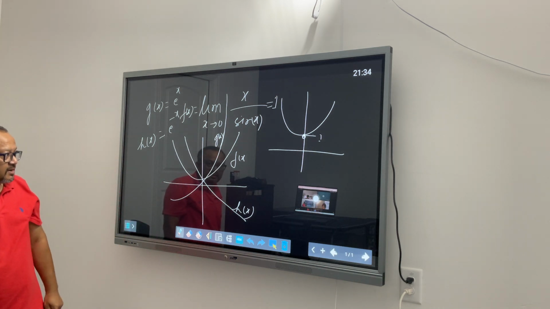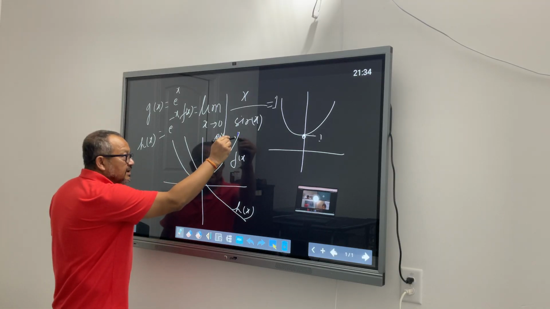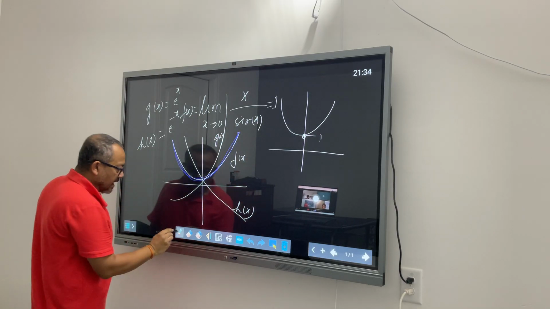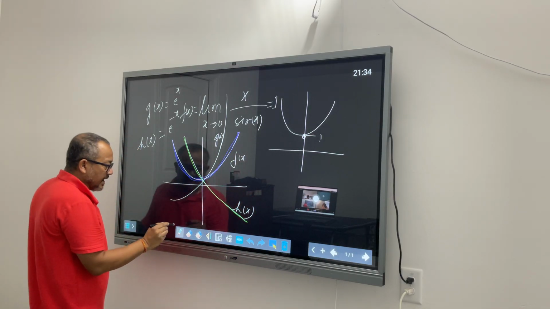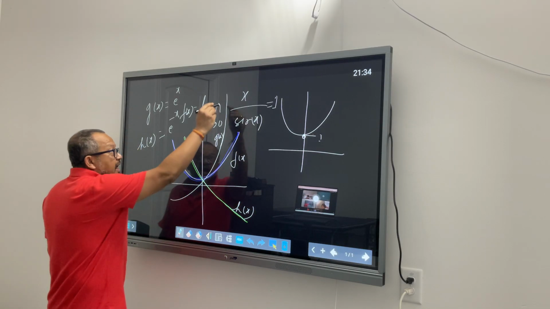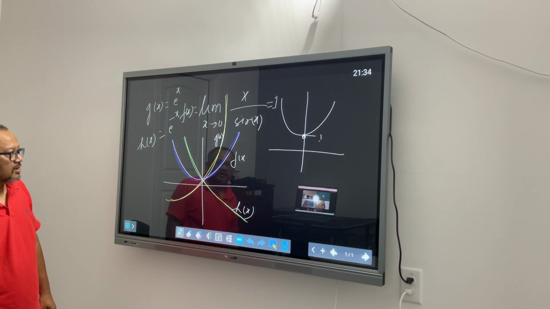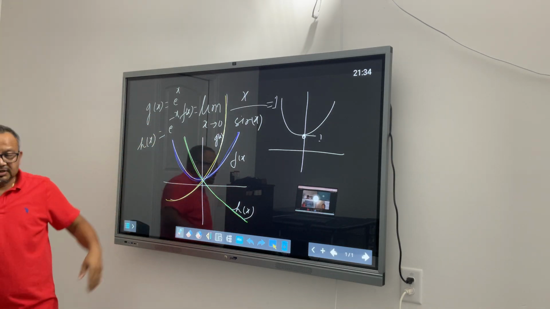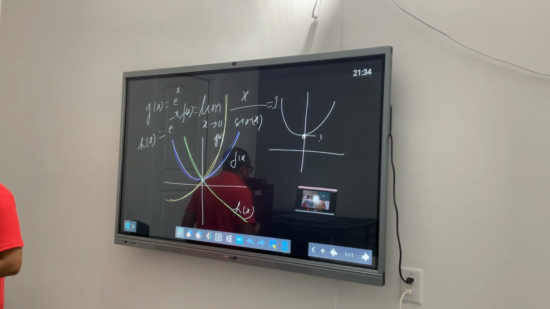Based on whatever you see on the screen, f of x is the one for which we are trying to find the limit, that is in blue color, and somebody suggested to use this function h of x, which is the green one, and the other function g of x, to apply the Squeeze theorem to find the limit. We have to just assess and tell whether this approach was correct or not. If yes, why yes, if not, why not.